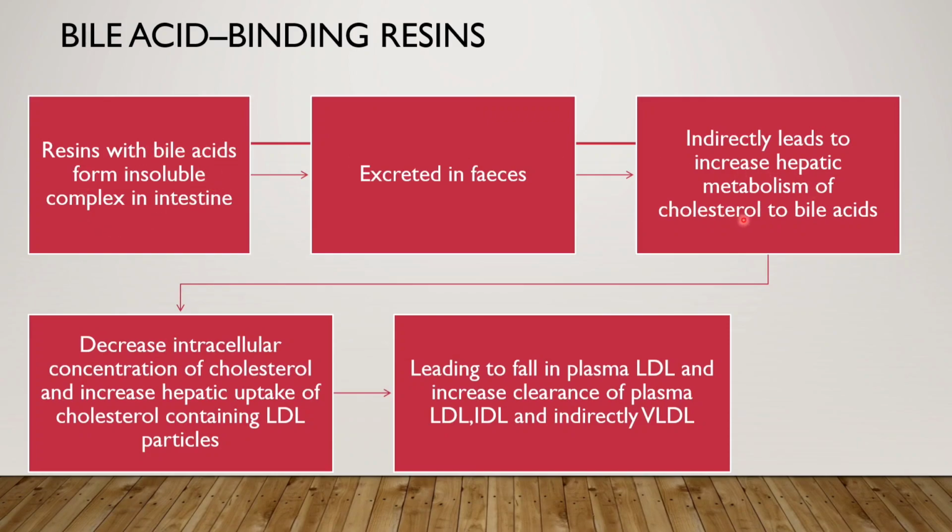So there is more conversion of cholesterol to bile acid to maintain the normal concentration of bile acids in the body. Due to this conversion, there is decreased intracellular concentration of cholesterol. And also to maintain bile acids at normal level, there is increased hepatic uptake of cholesterol containing LDL particles. So this overall mechanism leads to a fall in plasma LDL and increased clearance of plasma LDL, IDL and indirectly VLDL.